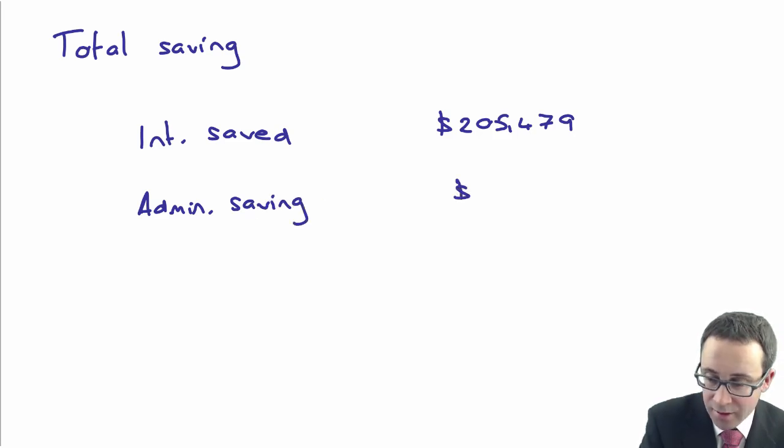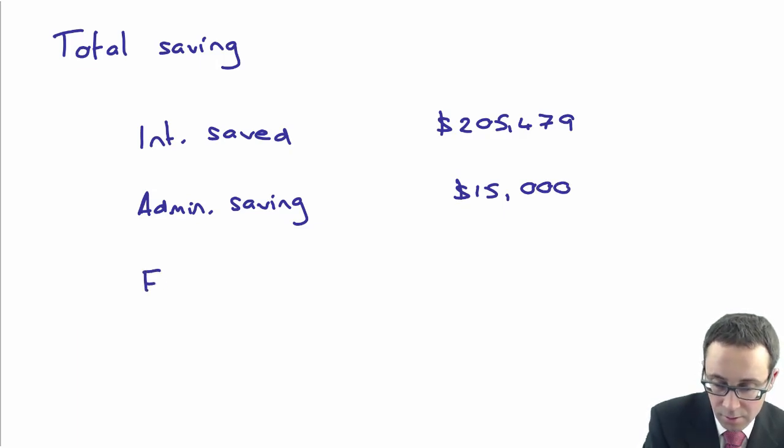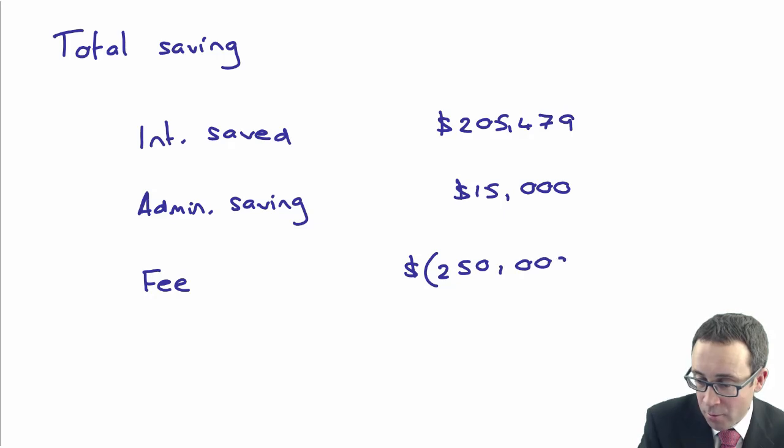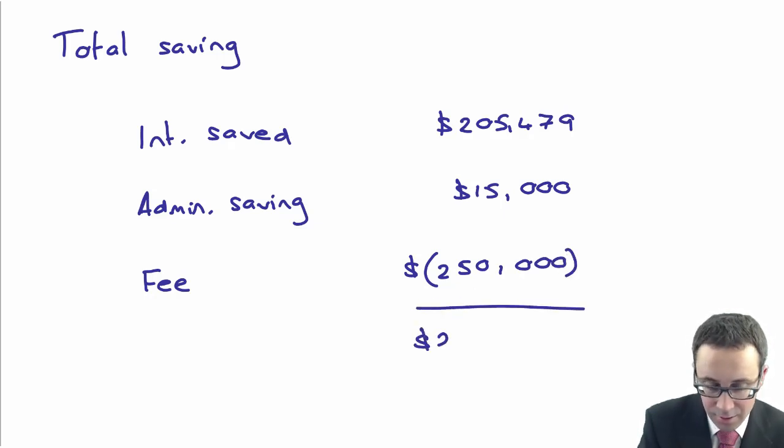The admin saving, I think, was 15,000. And then the fee that you have, I think, was 250,000 that we worked out. And what happens here is 29,521.